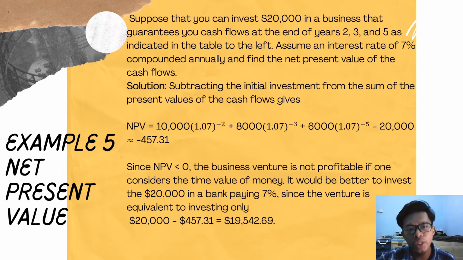So for the solution, we should subtract the initial investment from the sum of the present values of the cash flows given. So the net present value is 10,000(1.07)^-2 plus 8,000(1.07)^-3 plus 6,000(1.07)^-5 minus 20,000.